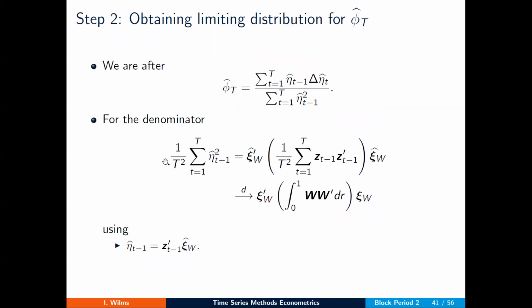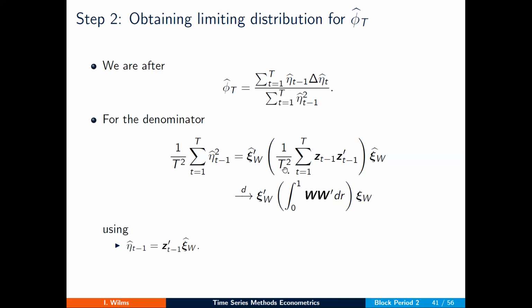Also for the denominator, I rewrite my eta hat, the residuals, in terms of the zeta vector times the psi hat w. And now I have a cross product of zt's, which again have unit root behavior. And in the previous tutorials, you've seen that this guy requires scaling by 1 over t squared.